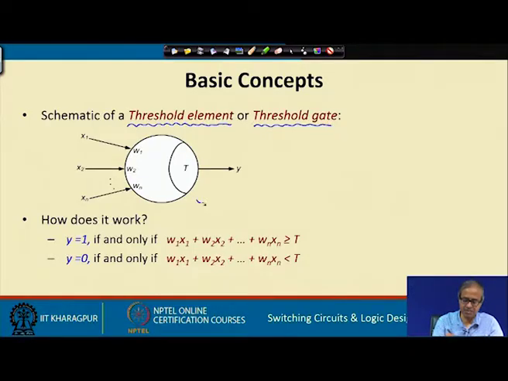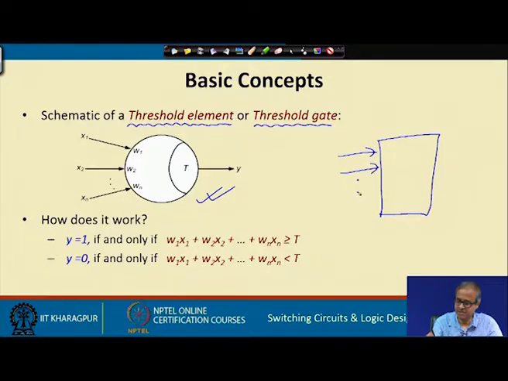This is how a threshold gate looks in its schematic form. You see in a threshold gate what the basic components are. If I show it as a rectangular box, there are some inputs which are applied. In this example I have shown n inputs x 1, x 2 up to x n, and there is one output y.